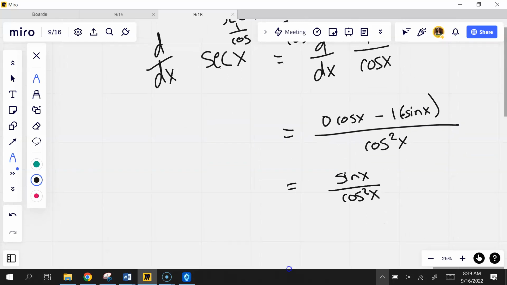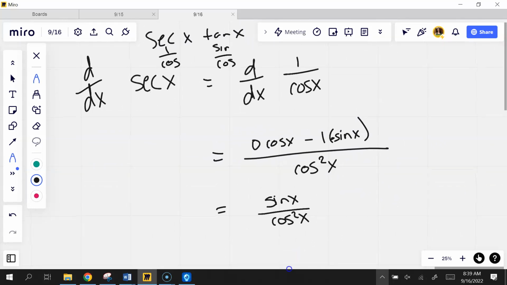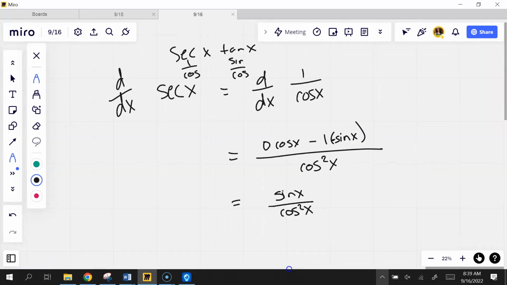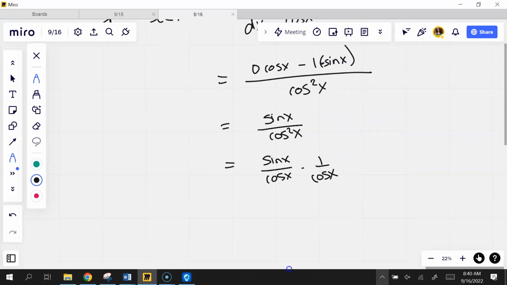I could rewrite this as sine x over cosine x times 1 over cosine x, because when I multiply fractions, it's top times top and bottom times bottom. Sine over cosine is tangent. 1 over cosine is secant. And because multiplication is commutative, I can easily rewrite that.